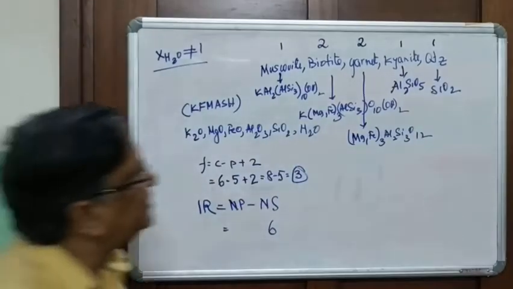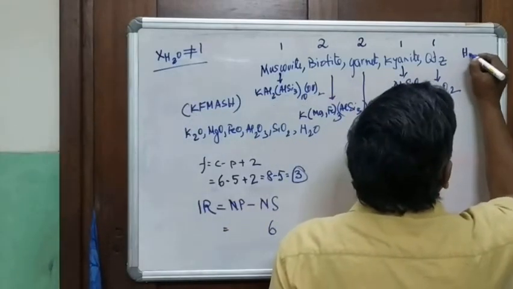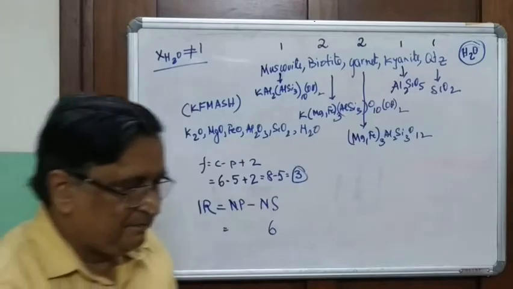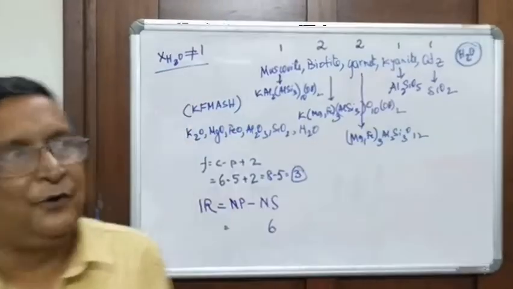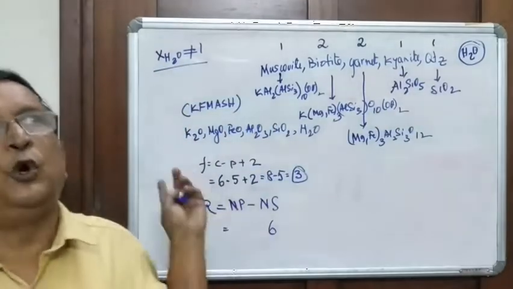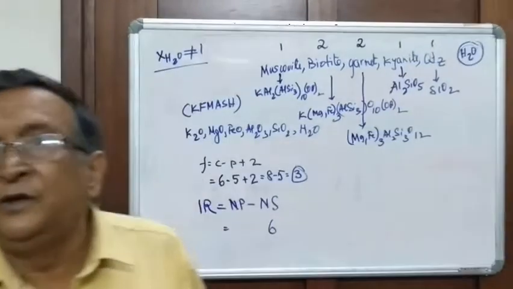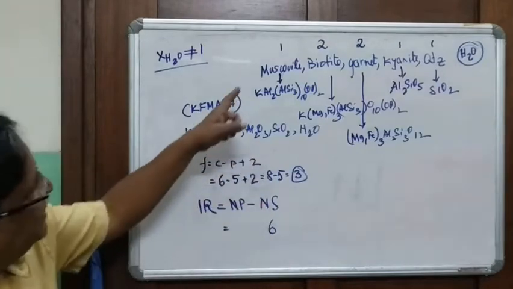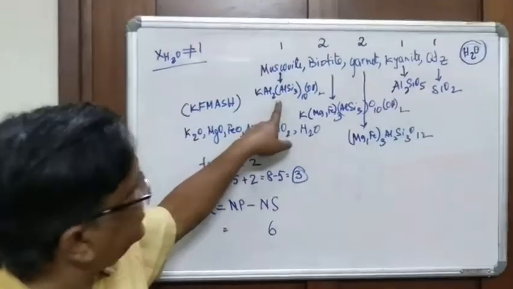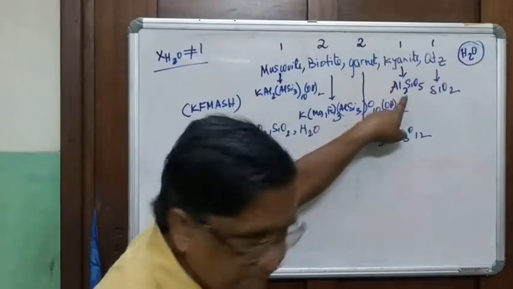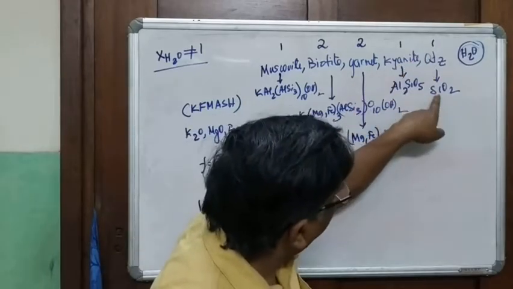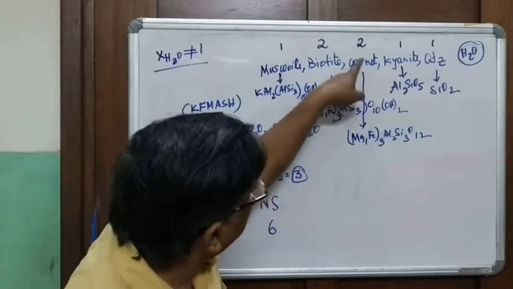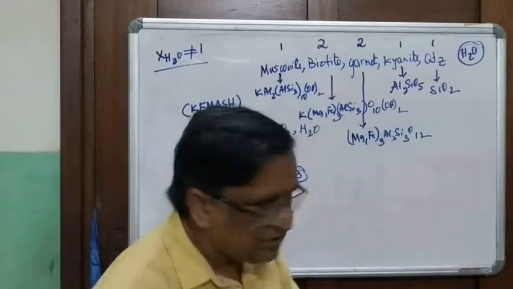What is that? H2O. It's a variable. That is the point now. Suddenly you have H2O, it's a variable. So now we have muscovite 1 pure phase, kyanite 1 pure phase, quartz 1 pure phase, biotite 2 binary solid solution, garnet 2 binary solid solution.